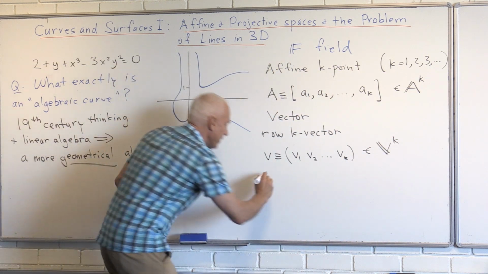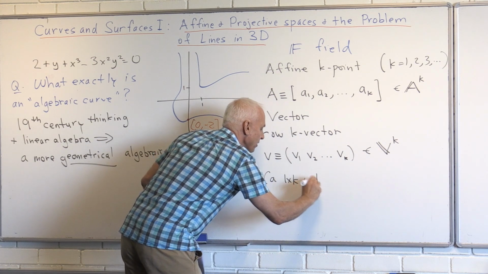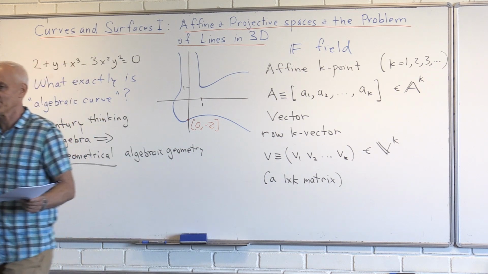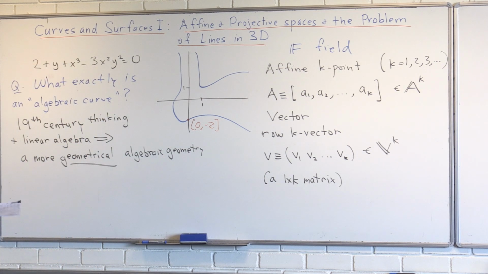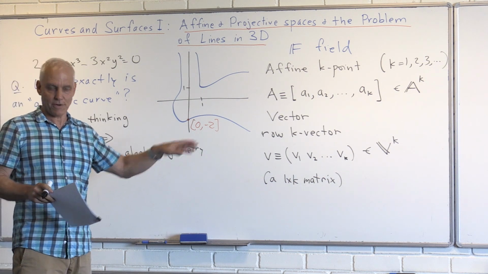It's really a 1 by k matrix, so we're using matrix notation here. So the row vector is a 1 by k matrix. That's why there are no commas. All right?